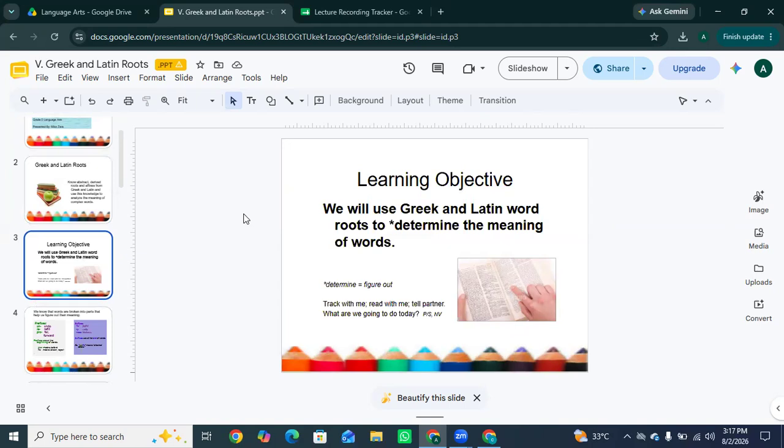Our goal today is to determine the meaning of words by looking at their roots. Instead of memorizing every difficult word, we learn the meaning of the root. For example, micro means small. So microphone, microbe, microscope, all these words have something related to small.